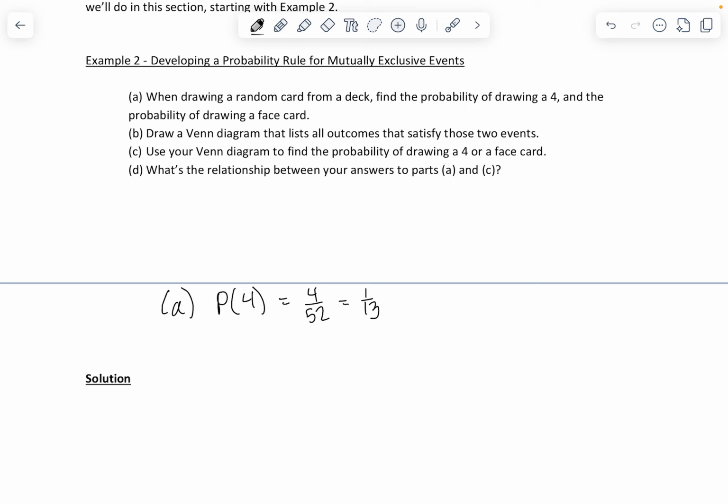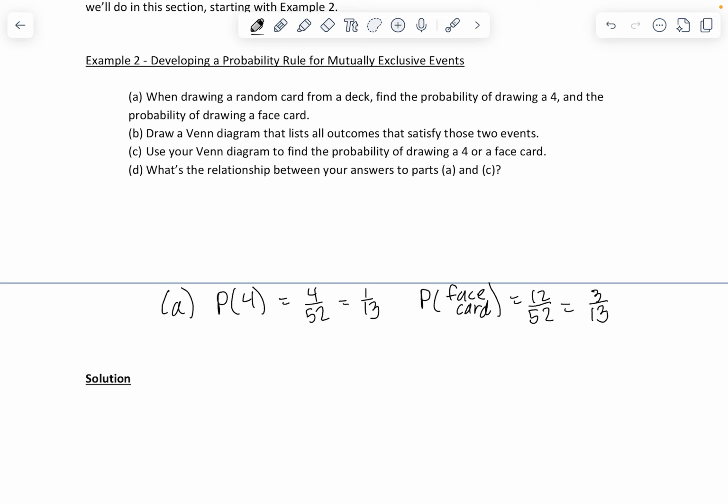So the probability of a face card is 12 out of 52, and that reduces down to 3 out of 13.